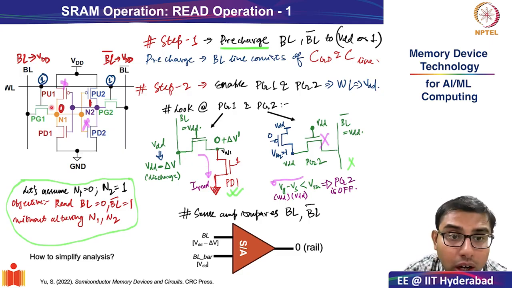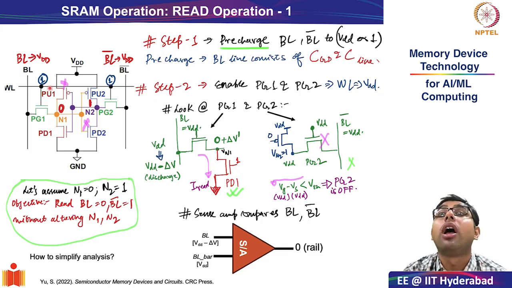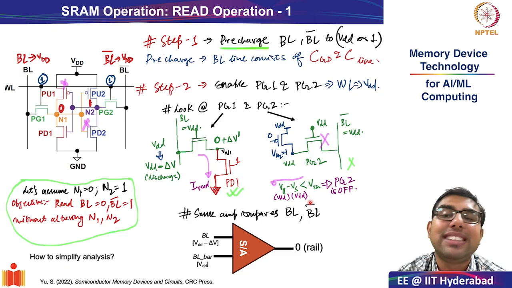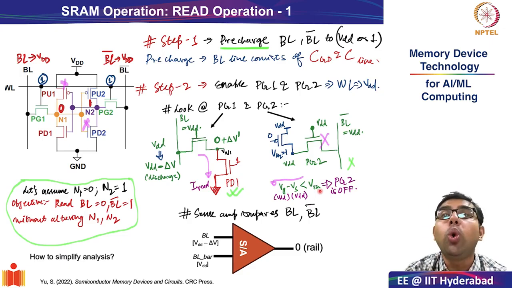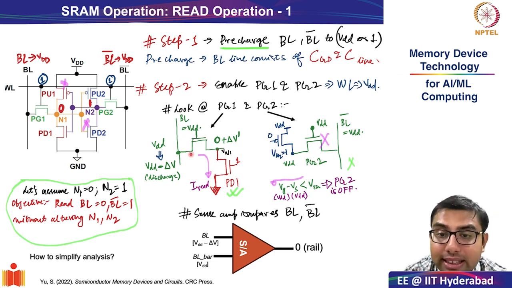Because the internal nodes were such that PD2 and pull up 1 were disconnected or off, and PG2 was also off because you were not meeting the condition of VGS less than VTH. The only two transistors which were in active condition were PG1 and PD1, resulting in a read current.